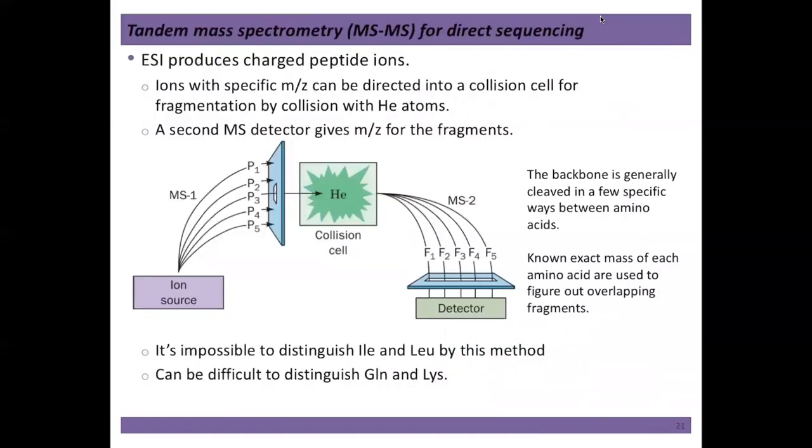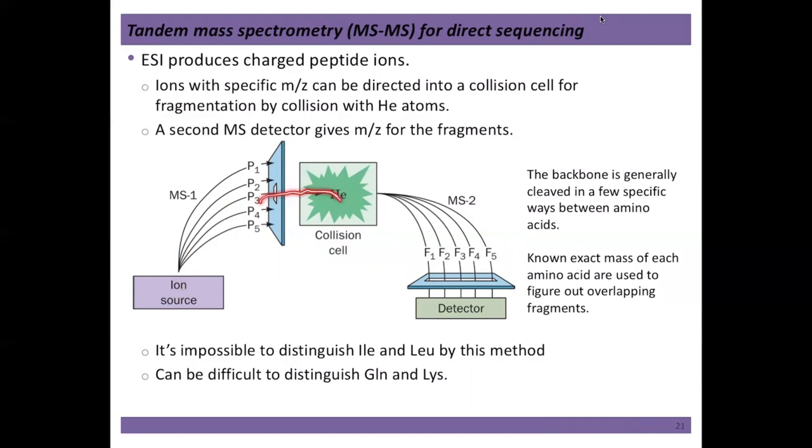Now, you can even do something even more amazing, and you can do this tandem mass spec, or what's called MS/MS. And so what you do is you take a sample and you ionize it, and you're going to get a specifically charged fragment. What you do is you have this ion selector that only lets a given ion of a specific charge through.